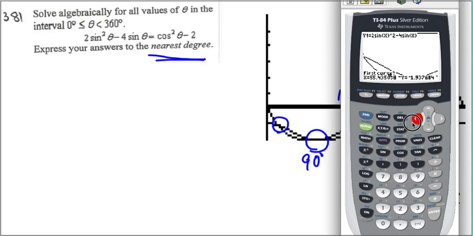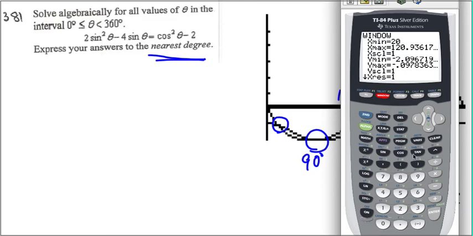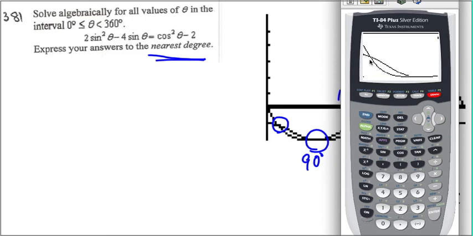I'm going closer to the intersection. Okay, I guess we have to go a little bit further. I'm just going to go for 10. Then we should be able to see the sign change right over there.